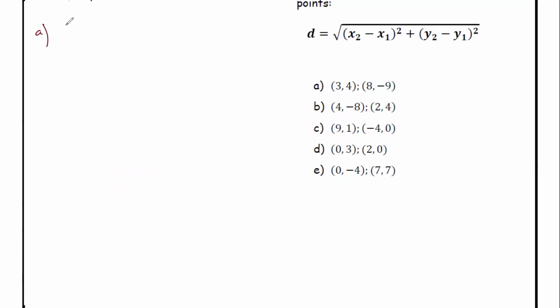A. So we have distance is this formula. So root of x2 minus x1, so 3 minus 8. Remember, the order doesn't matter. Only for the midpoint and the distance formula, the order doesn't matter.